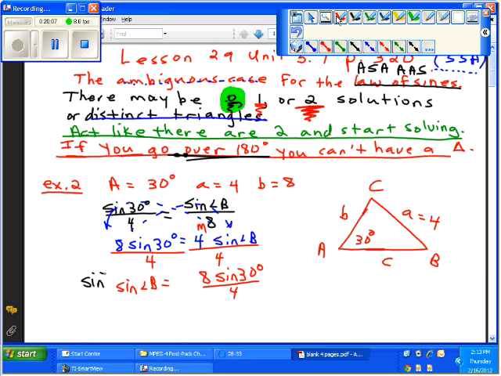Now we would need to get rid of the sine function with the arcsine function. And so we're going to need to do arcsine of 8 sine 30 divided by 4.